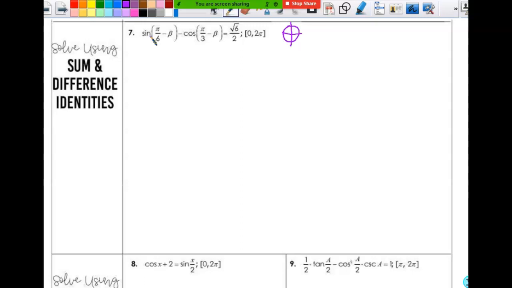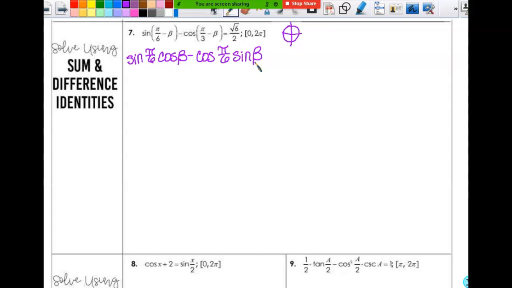So I'm going to use this as sine of a minus b. So I find sine of a minus b on here, and then I'm just going to substitute. So this becomes the sine of pi 6 times the cosine of beta minus the cosine of pi 6 times the sine of beta. And that comes from sine of a minus b from that first term.